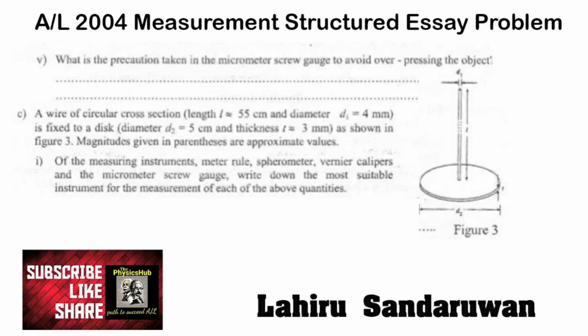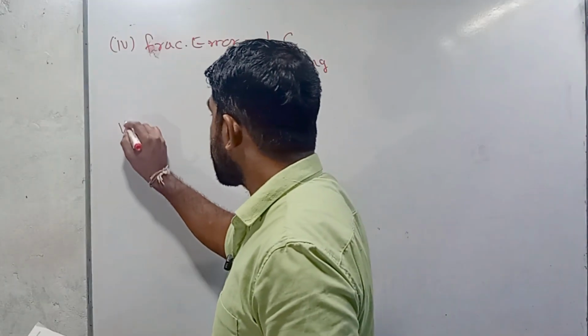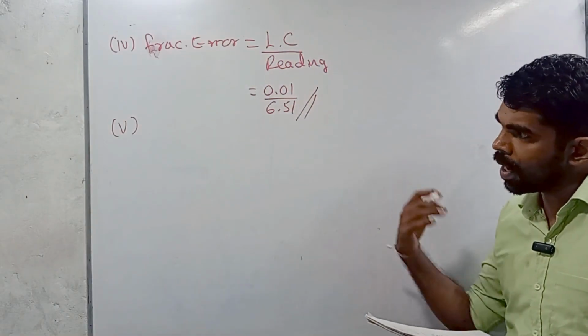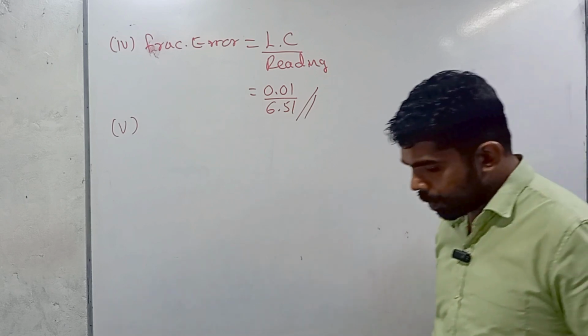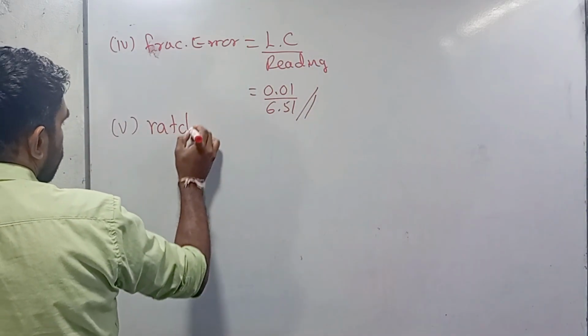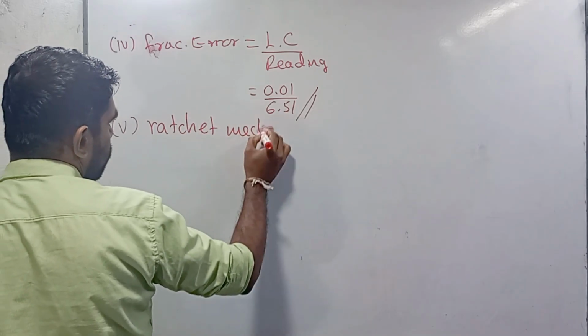Then part 5. What is the precaution taken in the micrometer screw gauge to avoid overpressing the object? We can write directly the name of the mechanism: ratchet mechanism.